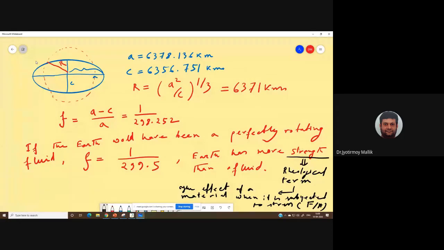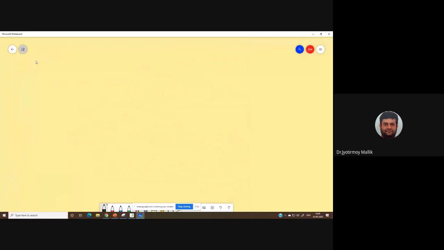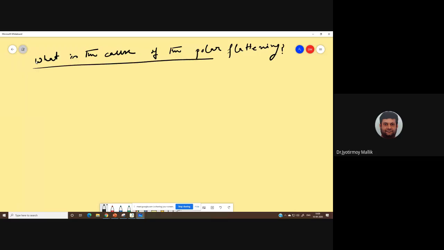Okay. Now, what is the cause for this flattening, or we can also call it polar flattening, right? So, what is the cause of this polar flattening? Let's try to find out the answer. Okay.